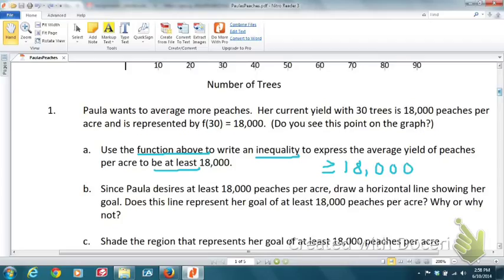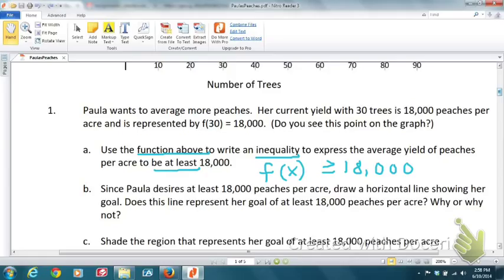So, whatever the function is at the top, which is provided to you, it is greater than or equal to, and I'm just going to write the word function, or f of x. When they're saying this, see, this is general. They want the specific. What is f of x equal to? That's what you want to put there in place of f of x. That function is going to be greater than or equal to 18,000. So, it is given to you again at the top.